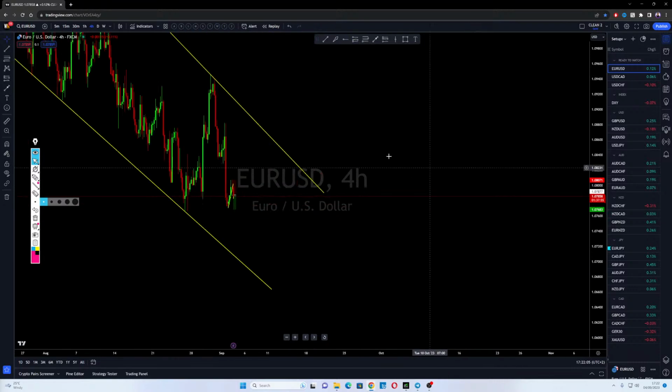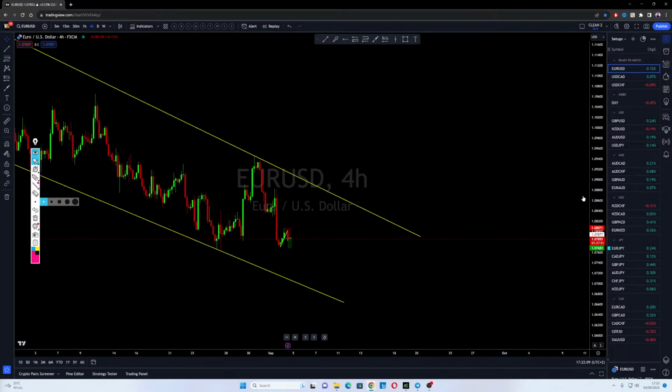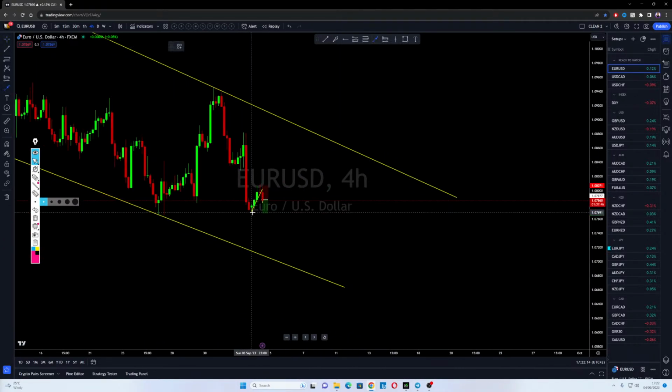Anyway, on the higher time frame I still see this direction, which is funny, to the downside for Euro Dollar to finish this movement, and then I will start building my swing positions. A couple of my swing positions are from there. I will remove the profit somewhere there once we touch those bottoms.